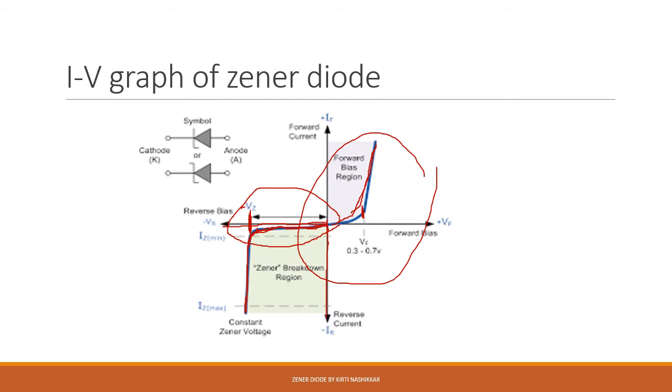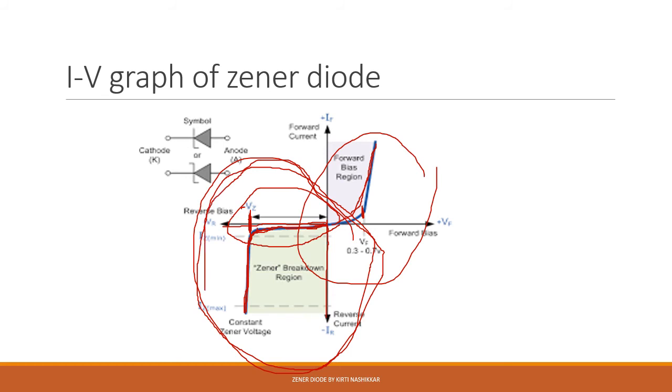So we can say that the junction breaks at this point and current increases rapidly. So this particular region, this third column, is very important for the working of the Zener diode, or for the clarity of the Zener effect.